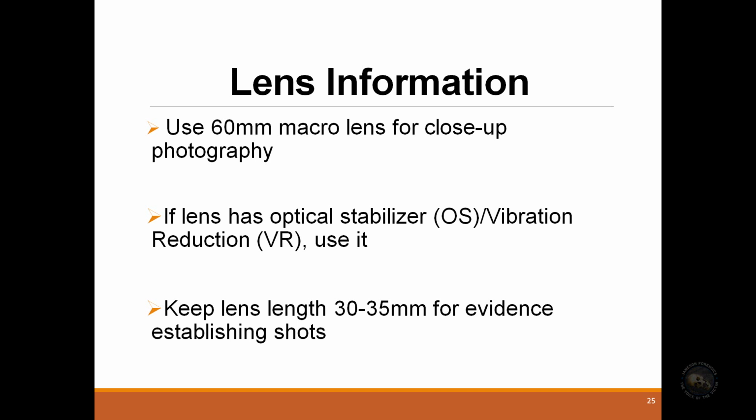If the lens has an OS or a VR, please use it because it reduces the effects of camera shake. Then keep the lens length between 30 and 35mm for evidence establishing shots. It helps reduce diffraction and distortion. It more accurately portrays spatial relationships.